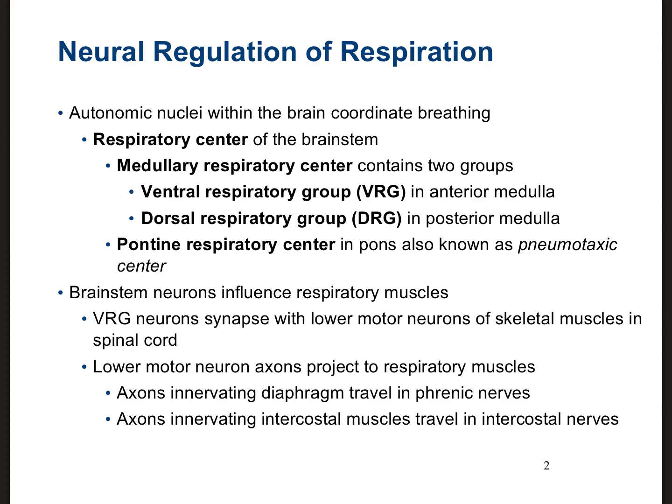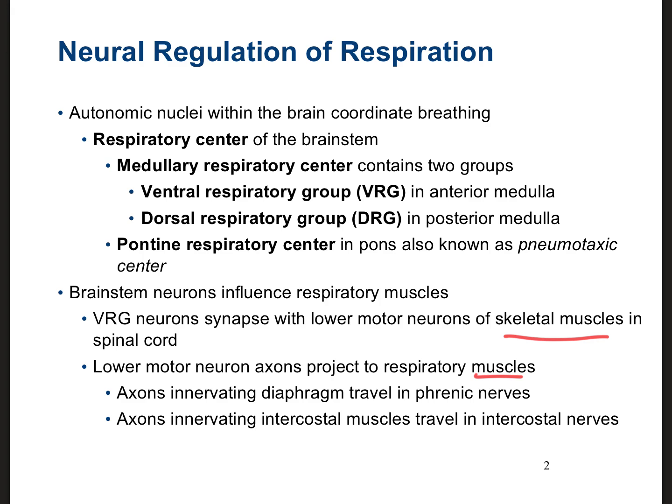So these neurons, what do they do? Some of them synapse or stimulate skeletal muscles, right? And other respiratory muscles, because that's what is going to control the opening.